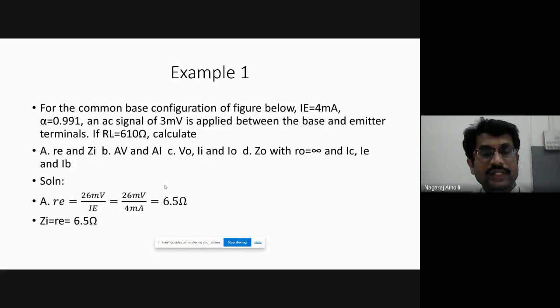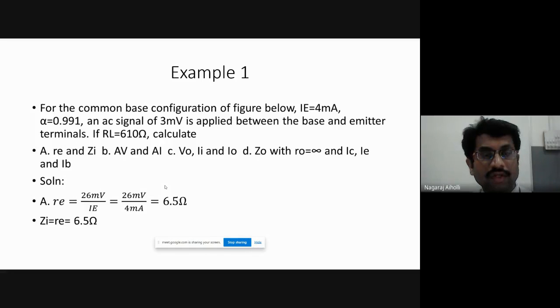If RL is equal to 610 ohm, calculate: A, RE and ZI. B, AV and AI. C, V0, II and I0. D, Z0 with R0 equal to infinity, and IC, IE and IB.